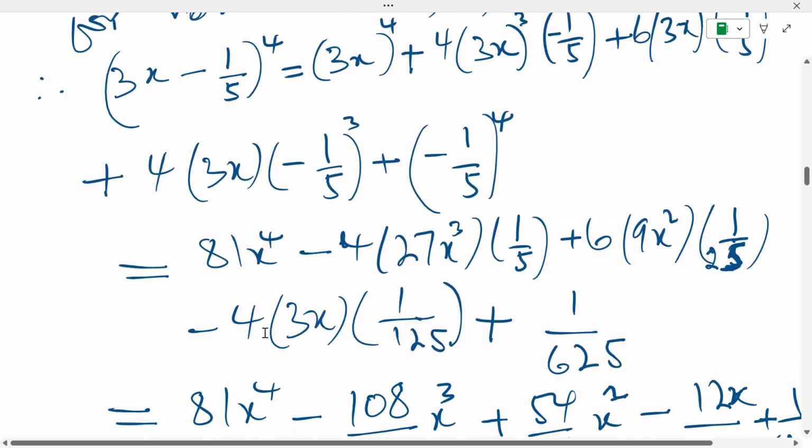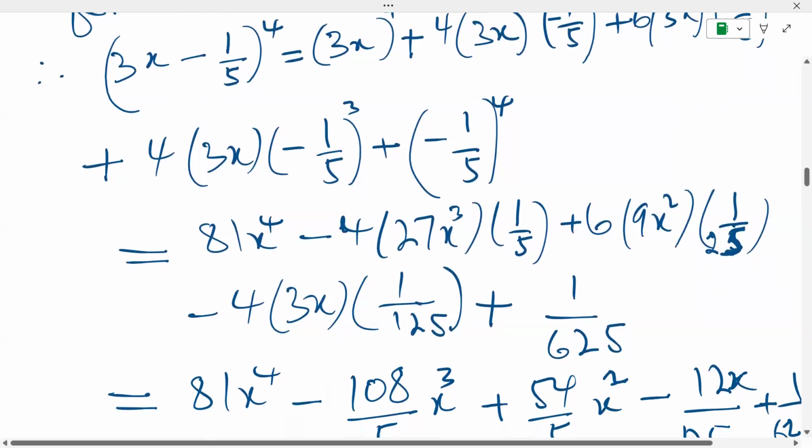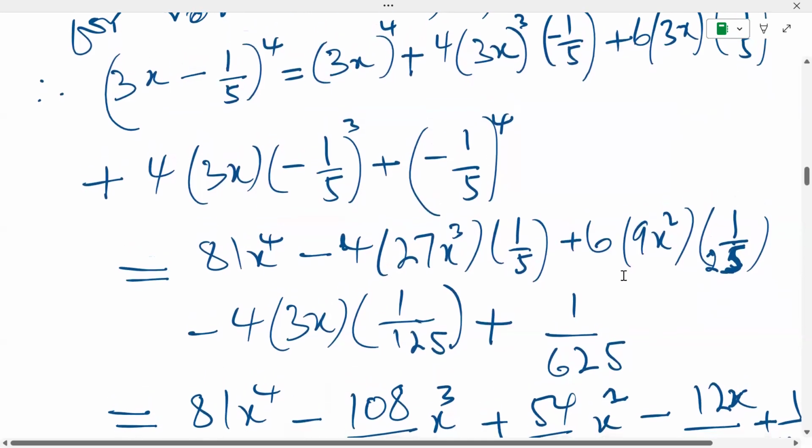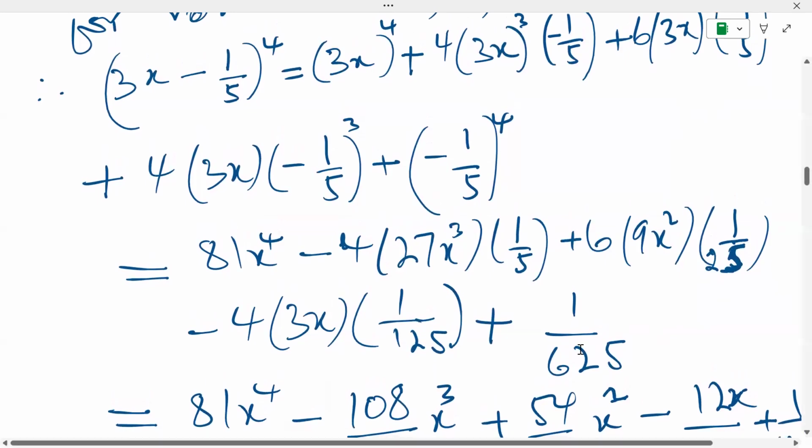And then we come to this side as well, and we'll look at that also. Okay, so we have 4 into 3x and then 1 over 25. So we take our time, multiply that, and that'll give us our 12x. All right, so we come here, and then this will give us 1 over 625. So, okay, so let's look at this one.